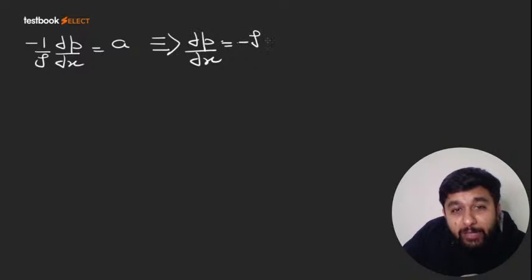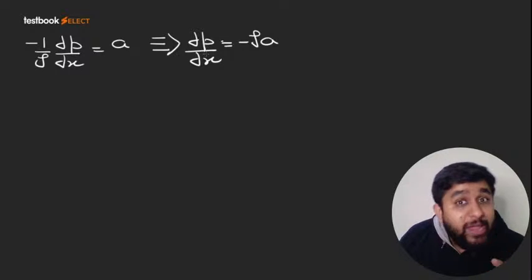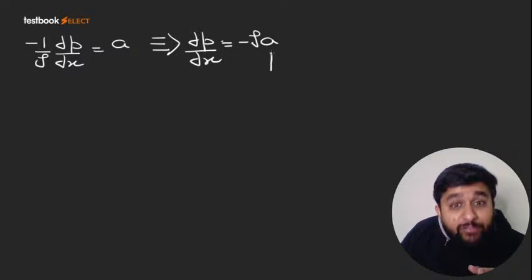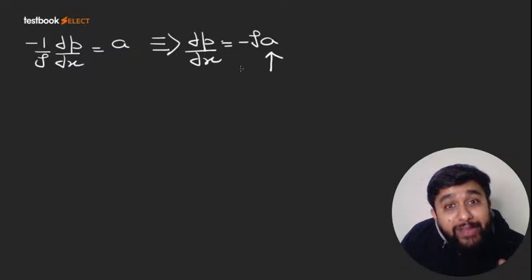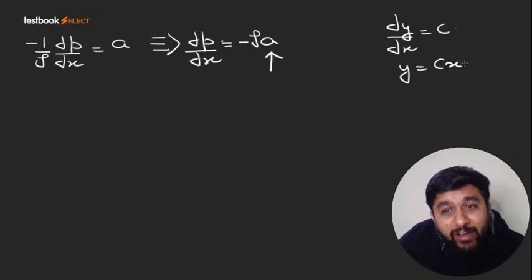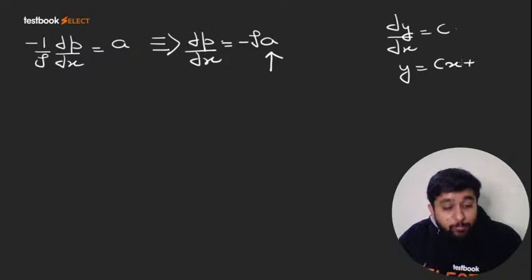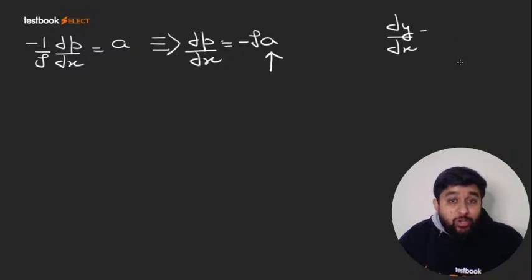So definitely pressure is a function of x. But del p by del x is a constant. If acceleration is a constant, then del p by del x is also a constant. So when del p by del x is equal to constant, this means p is a linear function of x, right? So pressure will be a linear function of x.